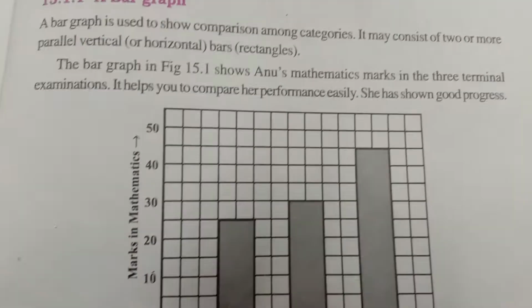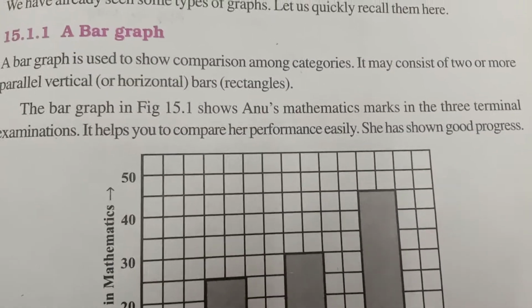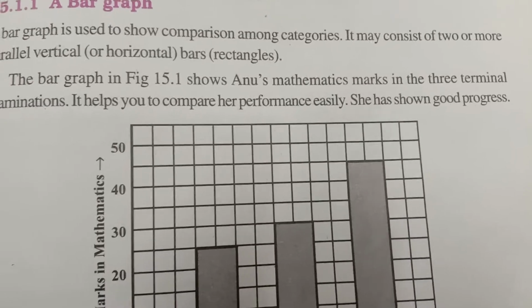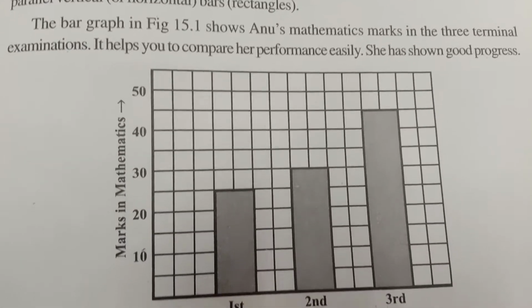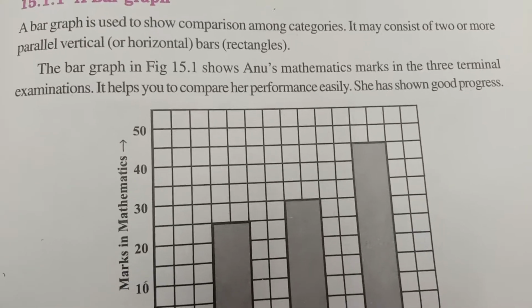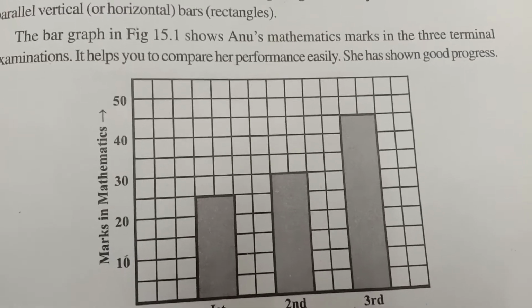See here, the bar graph in figure 15.1 shows Anu's mathematics marks in 3 terminal examinations, term 1, term 2, term 3. It helps you to compare her performance easily. She has shown good progress.